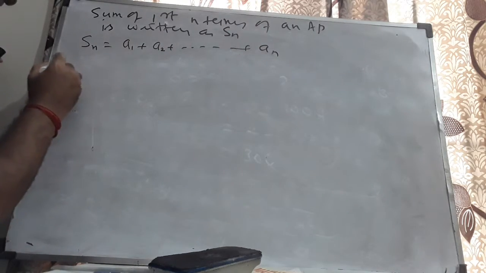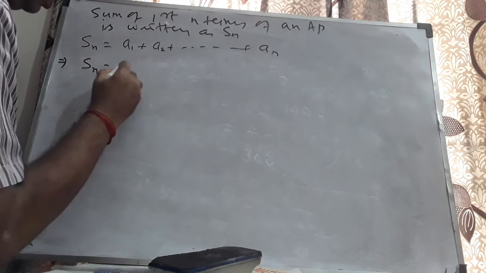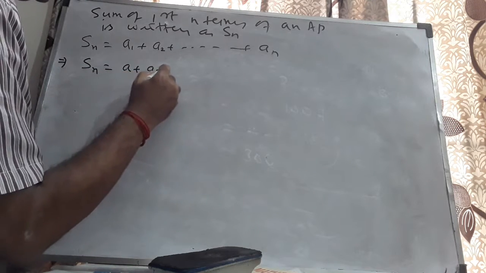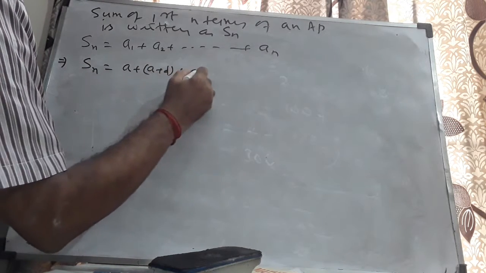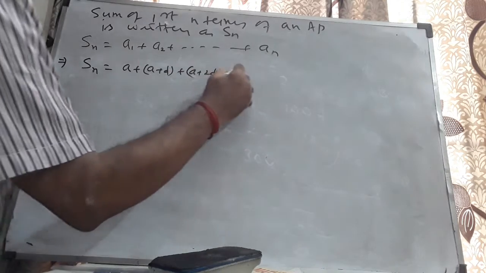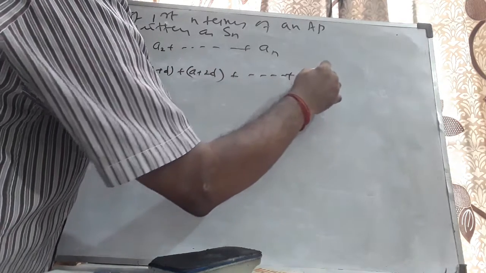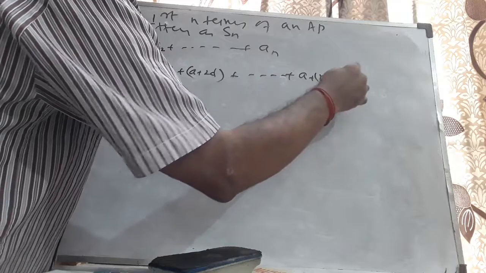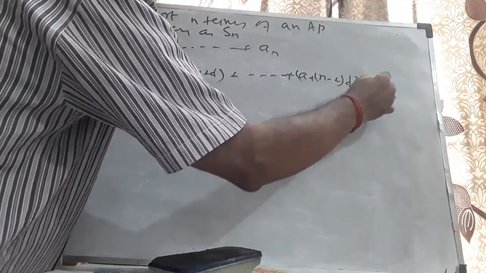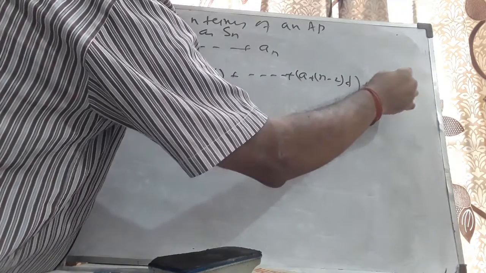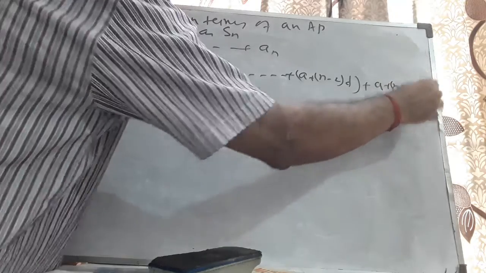That is the meaning, which implies Sn is equal to A plus (A plus D) plus (A plus 2D) plus, last, but the previous term will be A plus (n minus 1) into D. The last term will be A plus (n minus 1) into D.